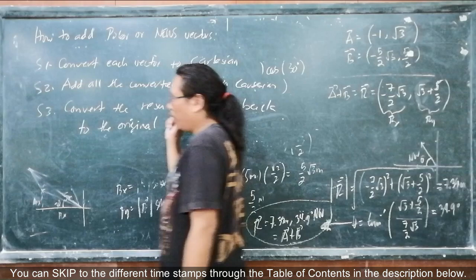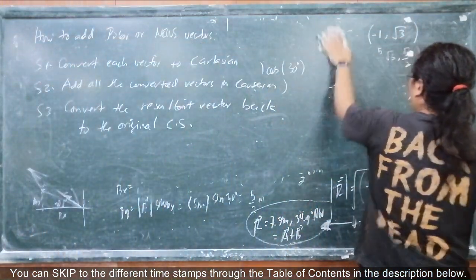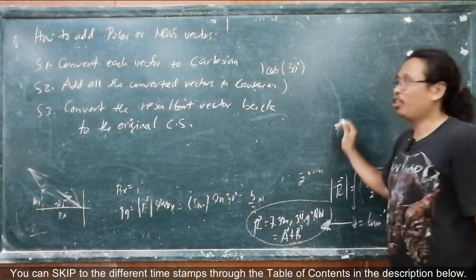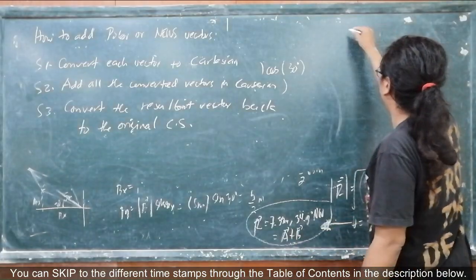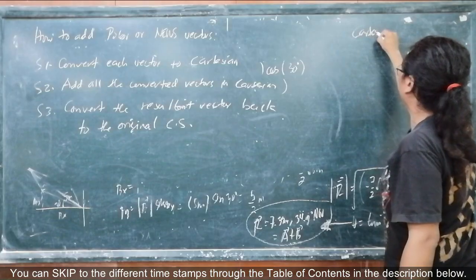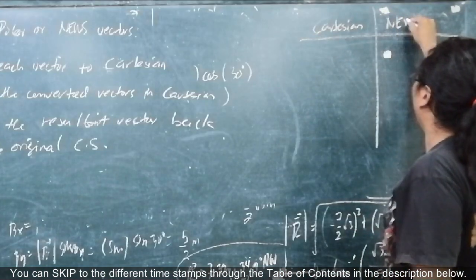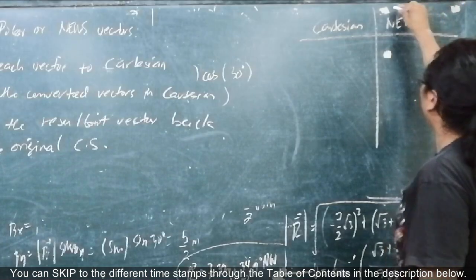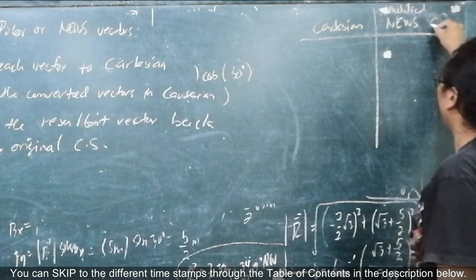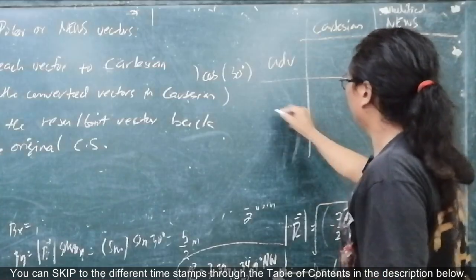So, advantages and disadvantages. What's the advantage of the Cartesian coordinate system? We can add vectors there. We have Cartesian versus NEWS or modified polar, the NEWS coordinate system.